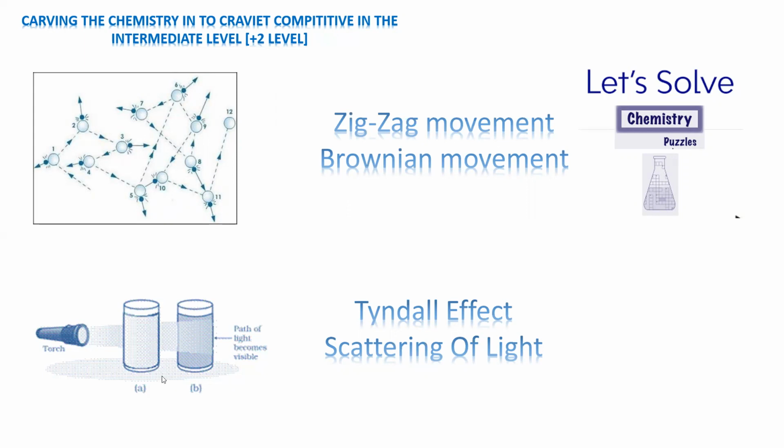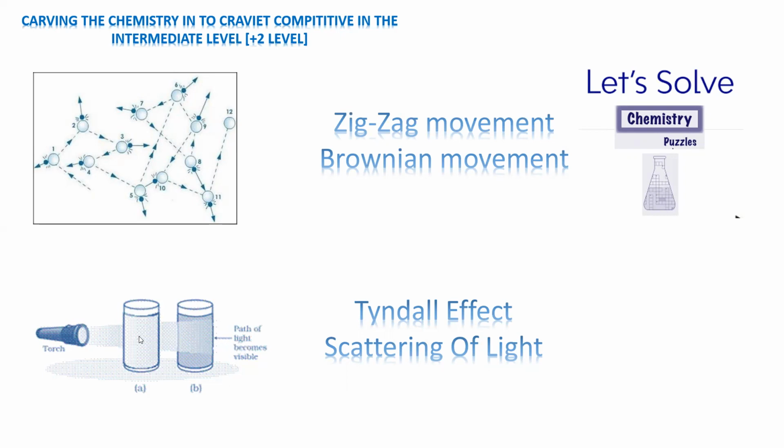Next is the Tyndall effect. It is purely an optical property, where scattering of light is the distinctive property of colloidal particles. Whenever you pass a torchlight through a true solution and also through a colloidal solution, in the colloidal solution the path of light becomes visible.